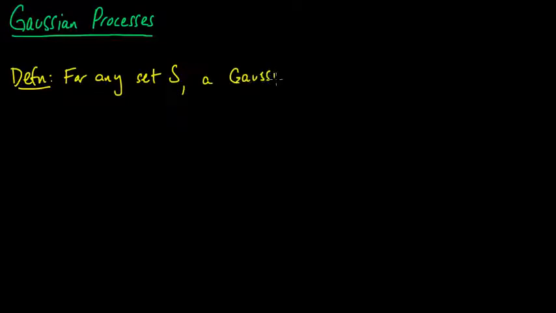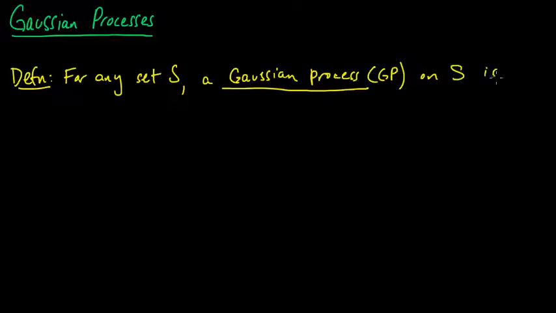What is this beast? What is this mysterious Gaussian process? Well, we can start right off the bat with the definition. For any set S, a Gaussian process, or GP, on S is a collection of random variables, which I'll denote in this way.